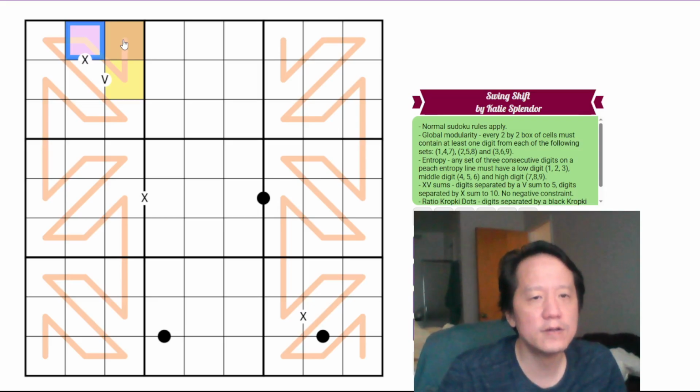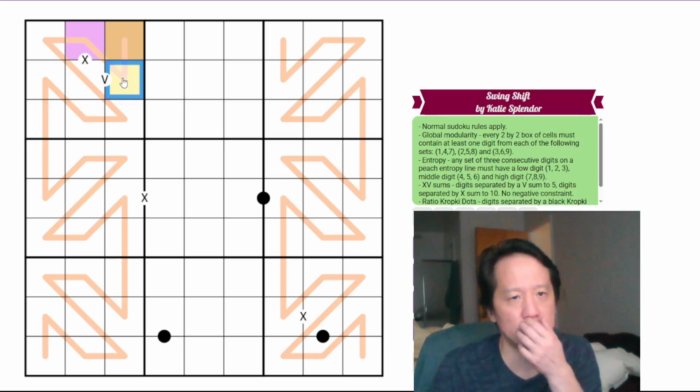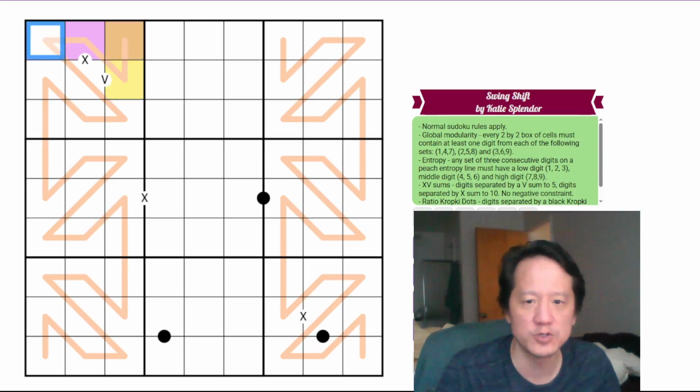These 3 are obviously different sets because of the definition of the entropic lines. What about these 3 digits? We already have one from the pink set and one from the yellow set. We're missing one from the orange set, so this must be orange.